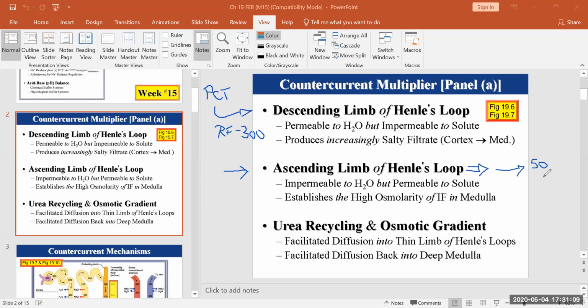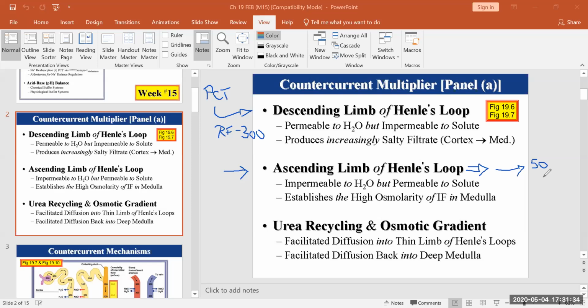And when that renal filtrate goes back up through the ascending limb of the loop of Henle, now water cannot escape, but that ascending limb is actively sending out sodium, potassium, and chloride. So that renal filtrate in the ascending limb is losing solute, is losing salt.